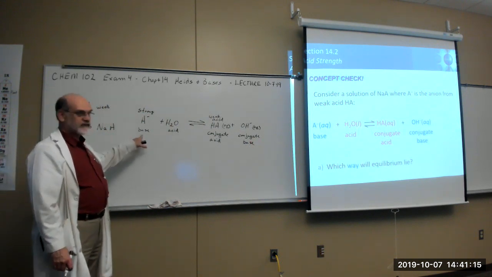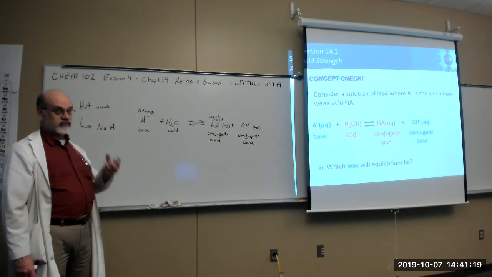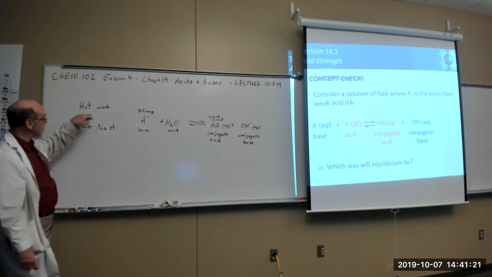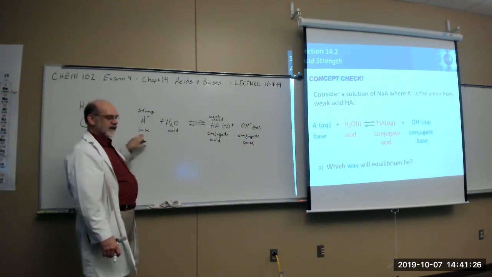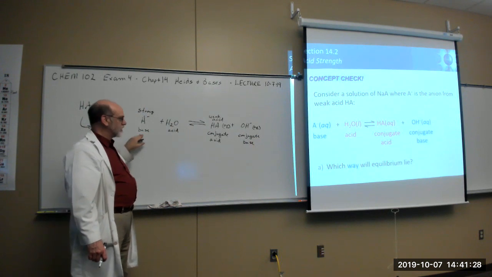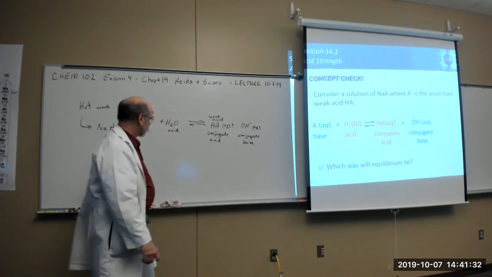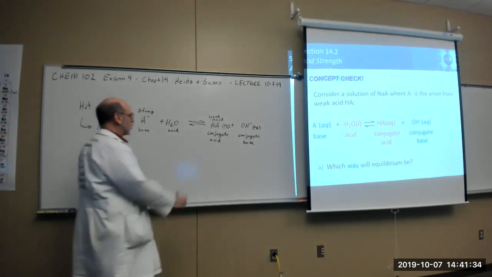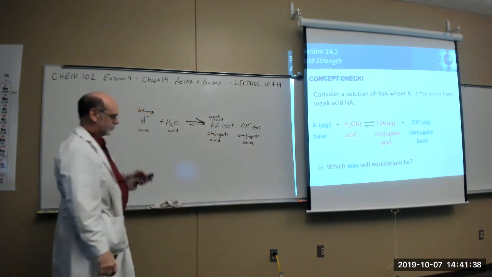This is a strong base, right? It wants to gobble up some protons. It has a very strong attraction to protons because it came from a weak acid. So a strong base means it has a strong attraction for protons, which means going that way. So the equilibrium lies over there.